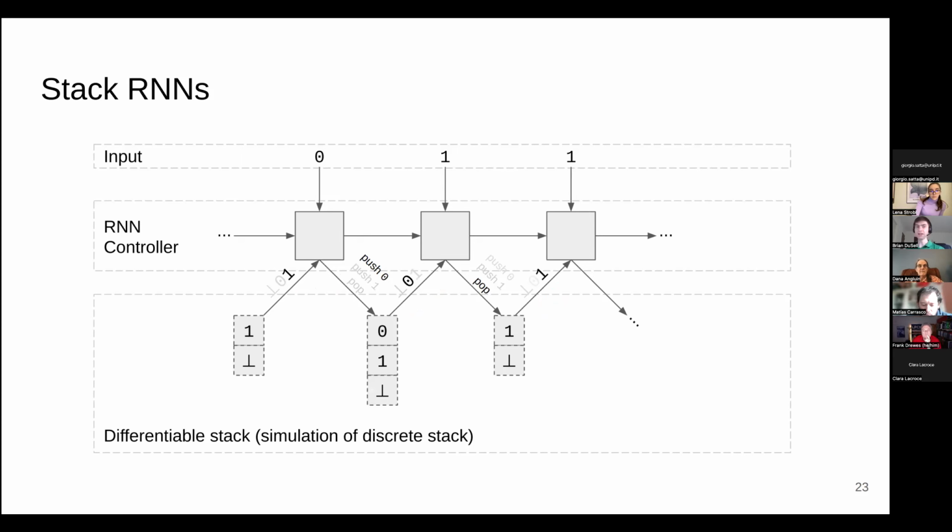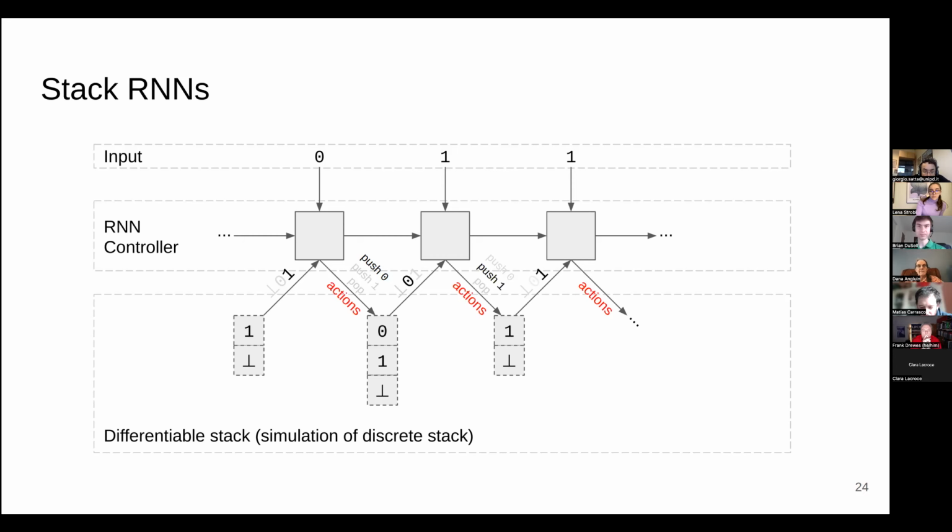Now, in reality, we use differentiable stacks, not discrete stacks. To make this work, we have to make the actions and readings fractional values so that they are differentiable. So we don't actually use a discrete stack in practice. The differentiable stack is just a simulation of a discrete stack, and it approximates it with some continuous and differentiable function.